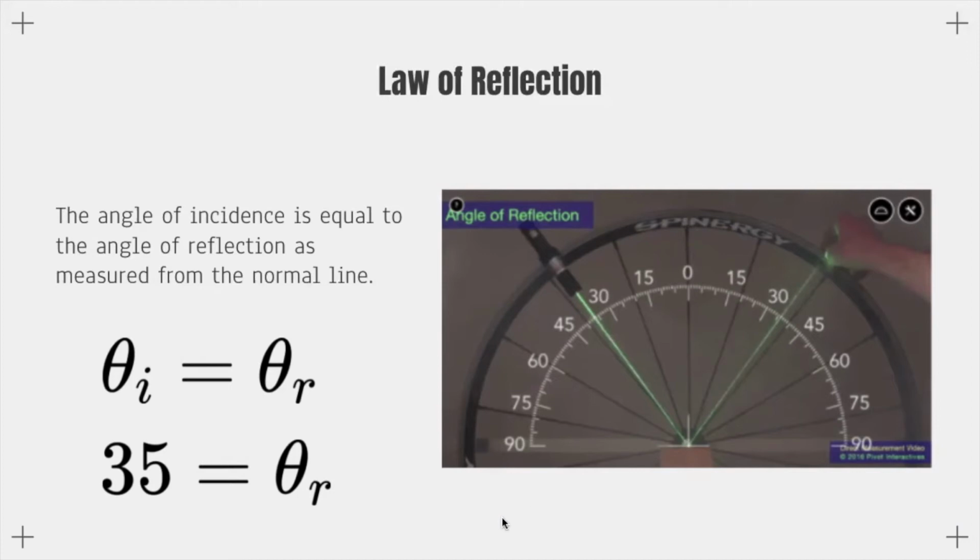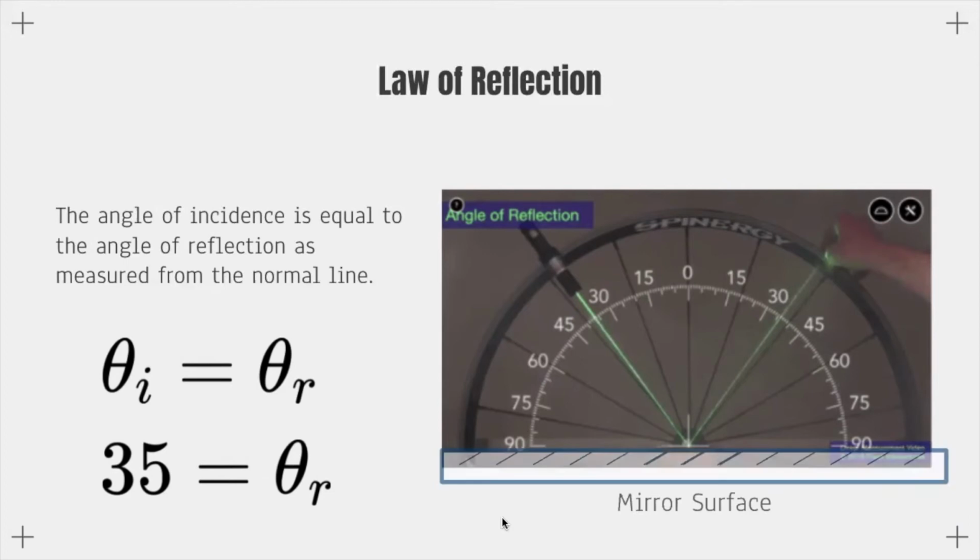So if you imagine you take your incident ray, your mirror surface, this normal line is this perpendicular 90-degree angle. That's because if you had a curved mirror, or some sort of rough surface, then you want to always be able to measure the angle from a reference frame that's stationary. So how to draw the normal line?